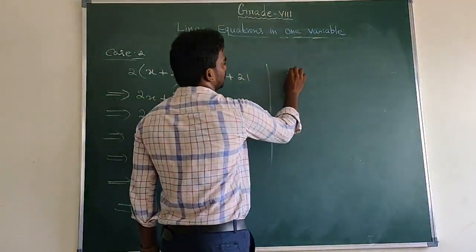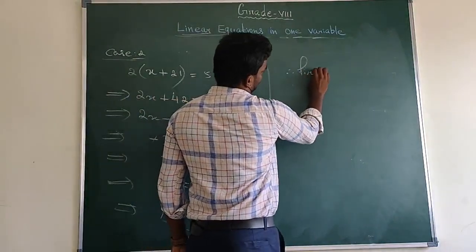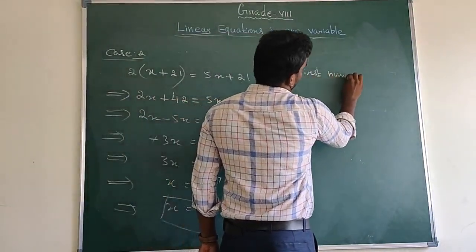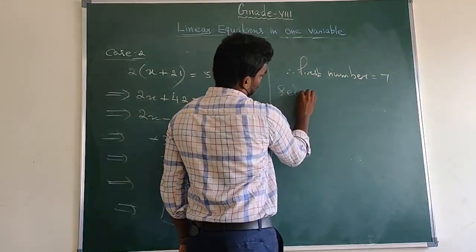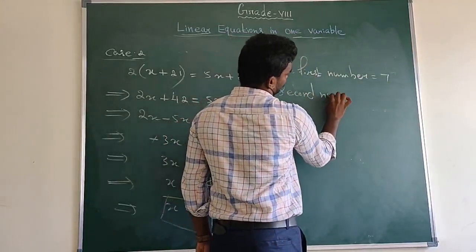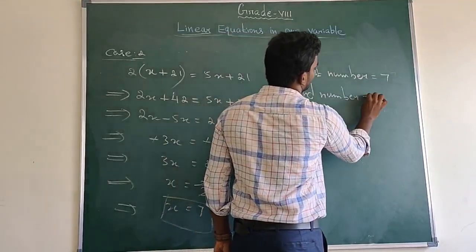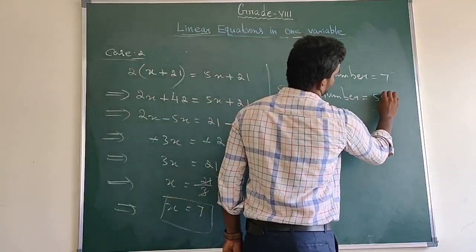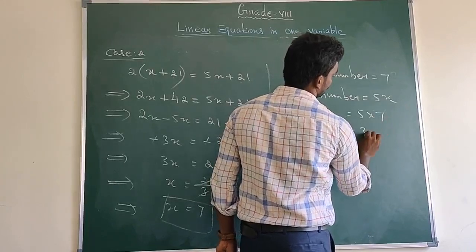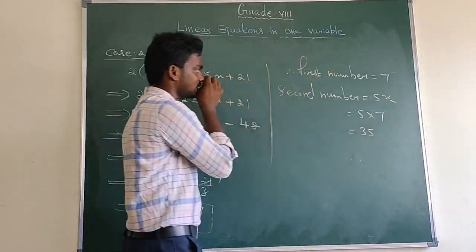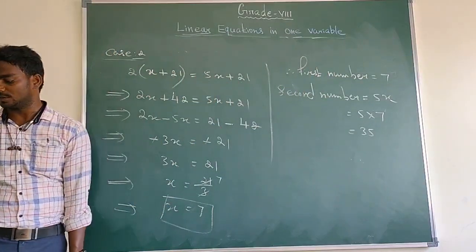Therefore, the first number is equal to 7. What is the second number? Second number equal to 5x, that is 5 into 7, 5 sevens are 35. So first number is 7 and the second number is 35. Right?